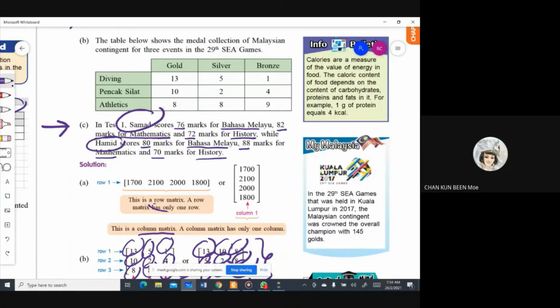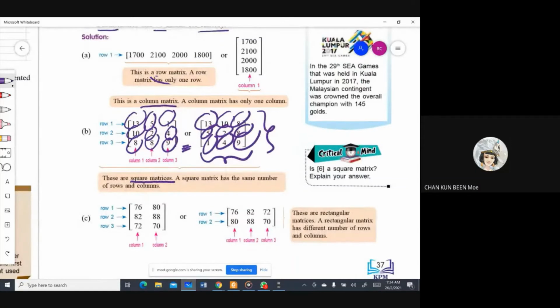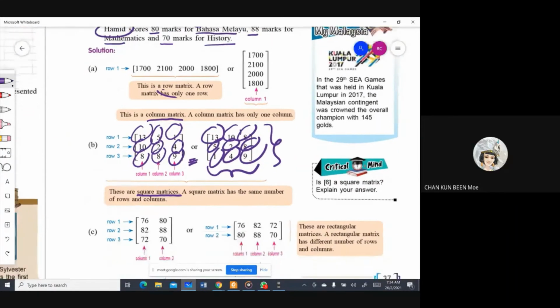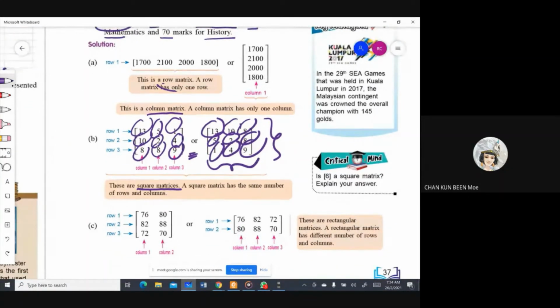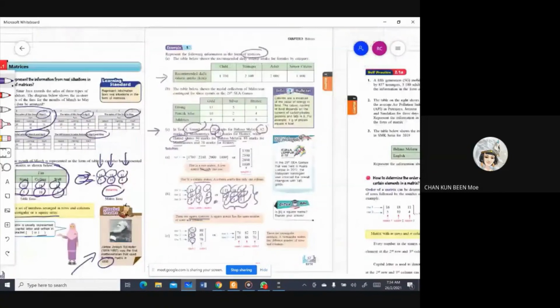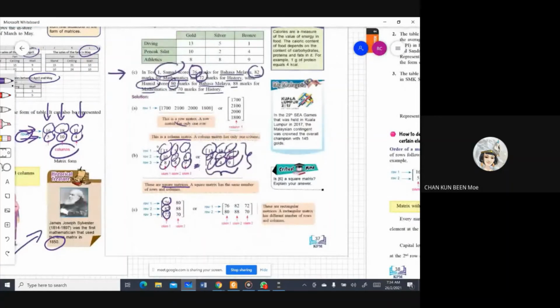They asked you to represent it in the form of matrices. You can either represent it using the vertical method first, whereby you represent Samad's marks 76, 82, and 72 in the column, and then the other one, which is Hamid, who scored 80, 88, 70.